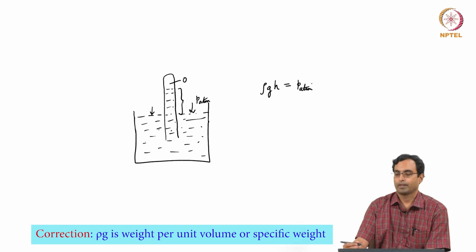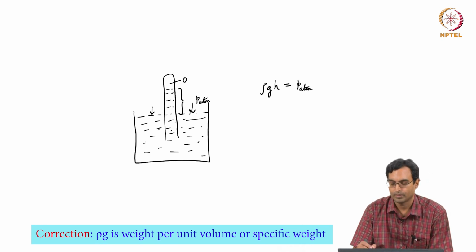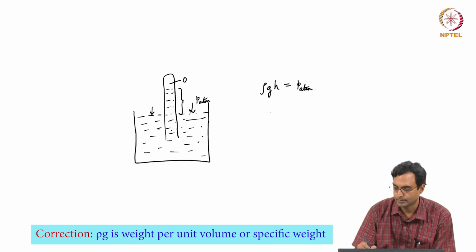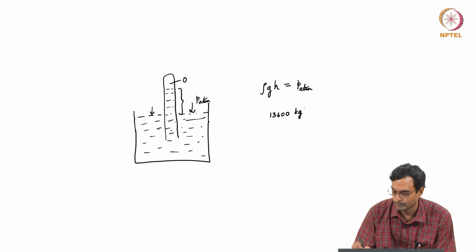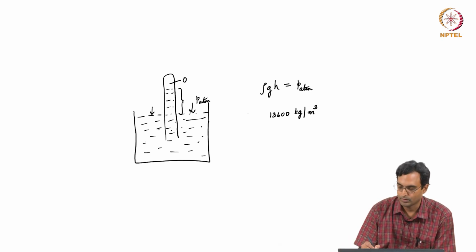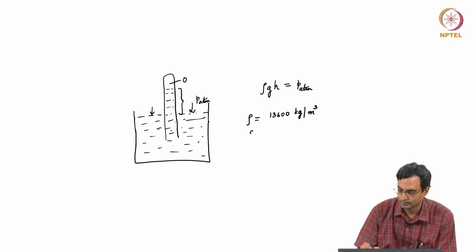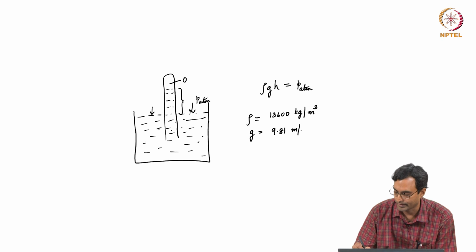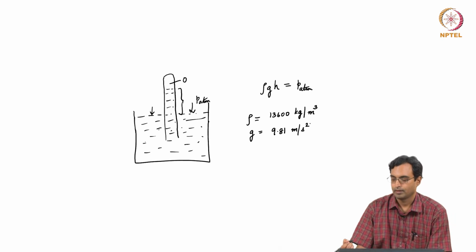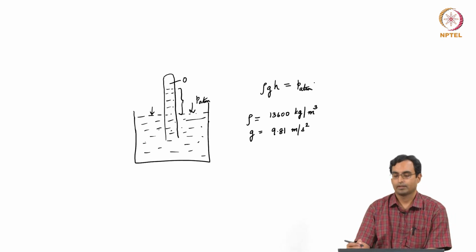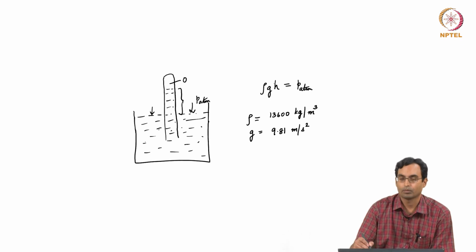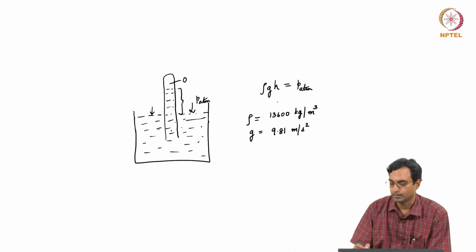So, what we can also do is, since we know the density of mercury, which is about 13,600 kg per meter cube, and we know the acceleration due to gravity, which is 9.81 meters per second square, supposing the pressure was say 1 atmosphere, we can calculate what would be the height of this column.